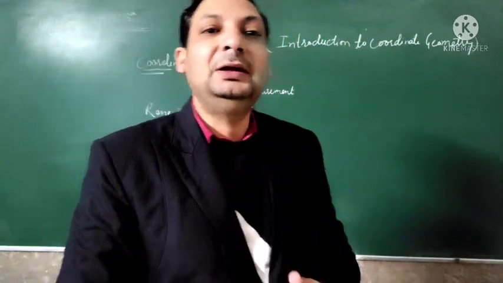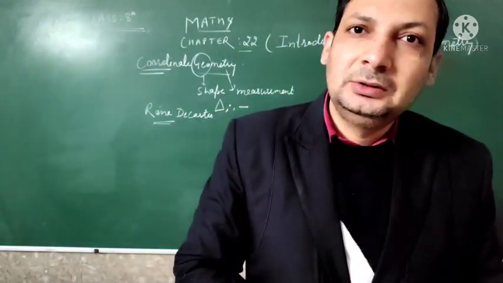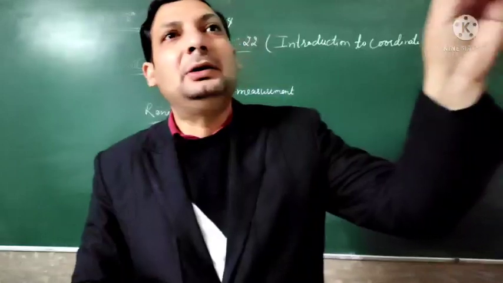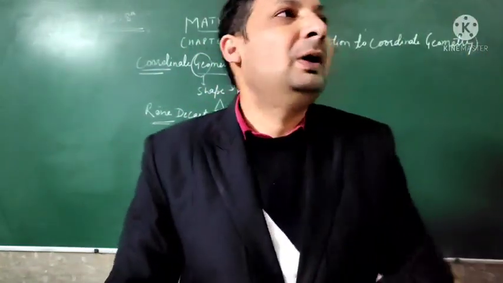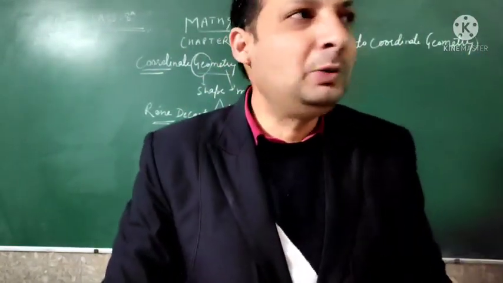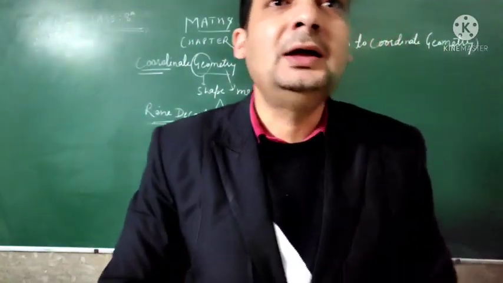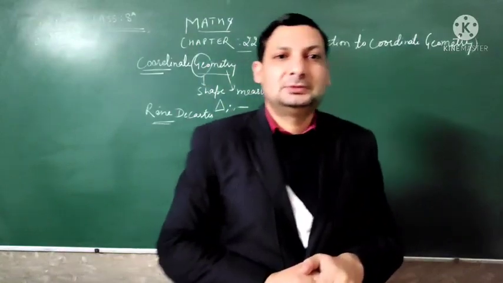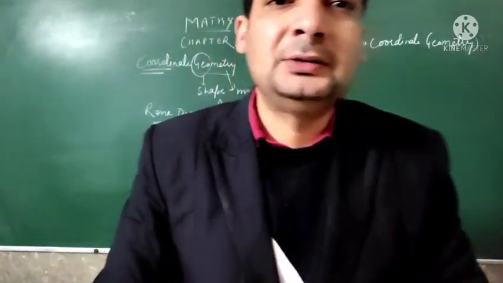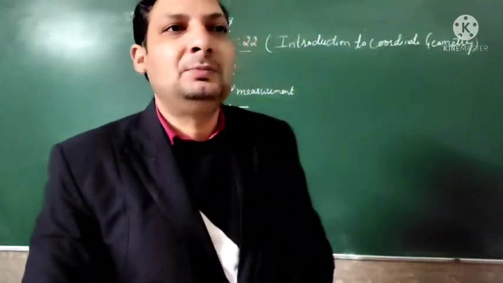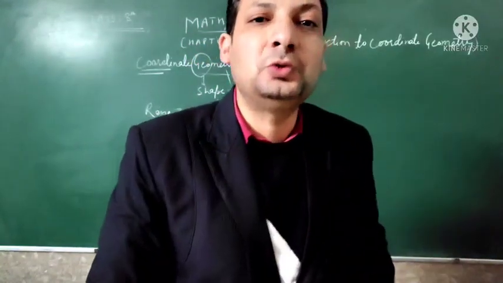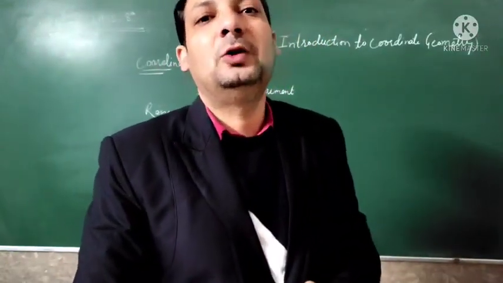But after that, he thought, why have we given a location to these things? I have put the tube light on this side of the wall, I have put the fan at this point. Why? So these things give the topic that is called coordinate geometry, because coordinate geometry is used to locate the position of any object.